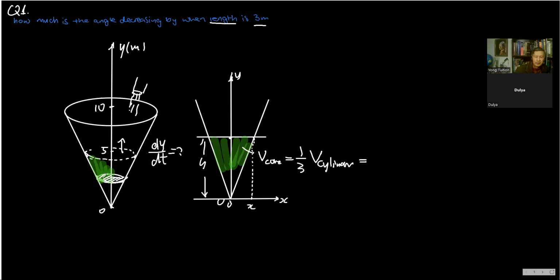So this volume will equal 1/3 times the cylinder's height, which is y, times the surface area, which is pi x squared. Got it?